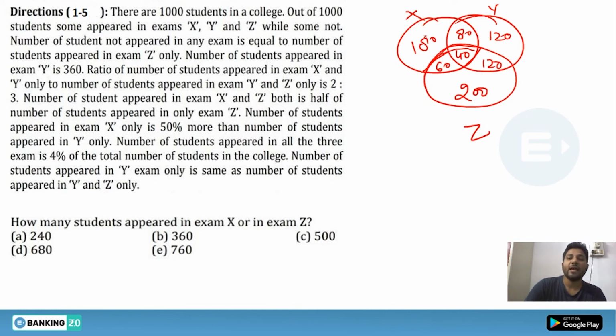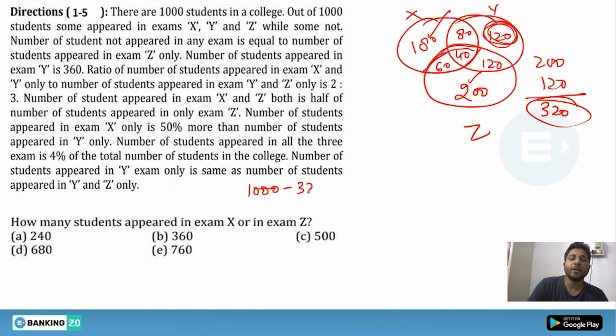That means all the X data will come, and Z data will come. What has been left is 120 and 200. So you are going to leave 120 and 200, because only Y will be left, and some of the students who have not appeared will be left. That means the total number left is 320. So from 1000 you leave 320, and you will be left with 680. So your answer would be 680.